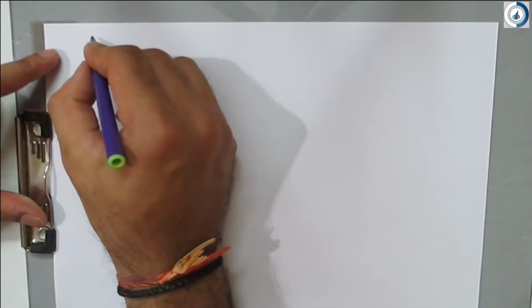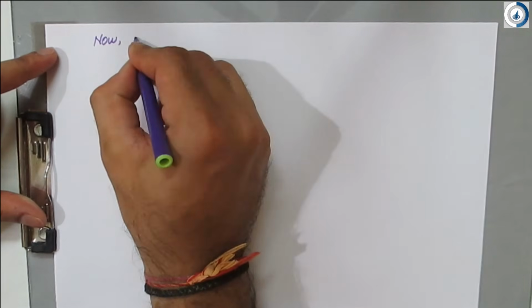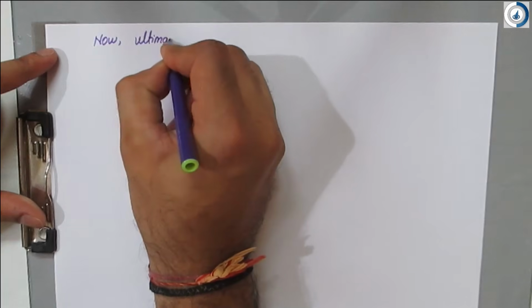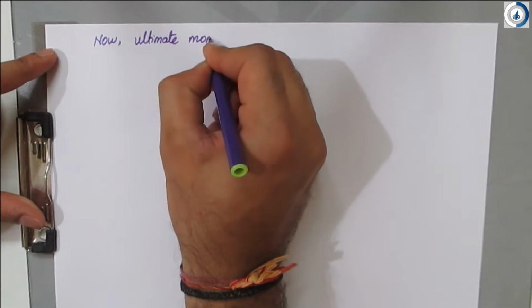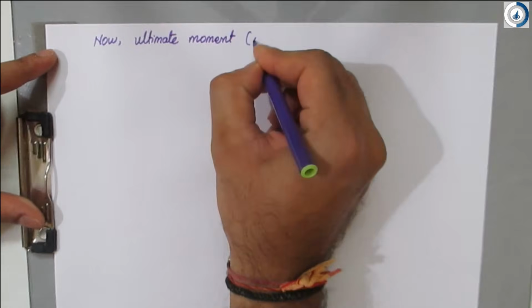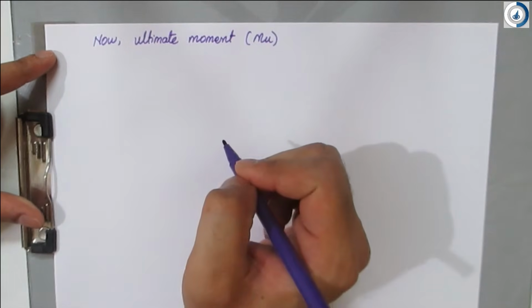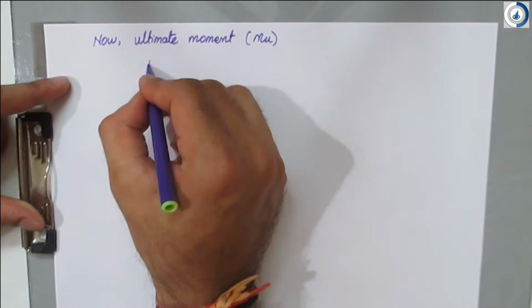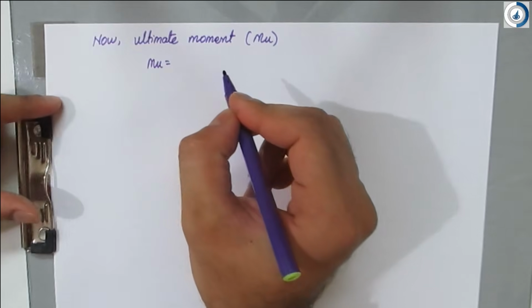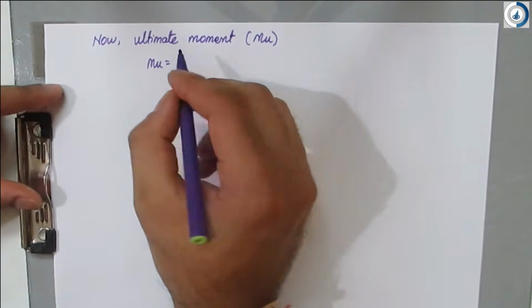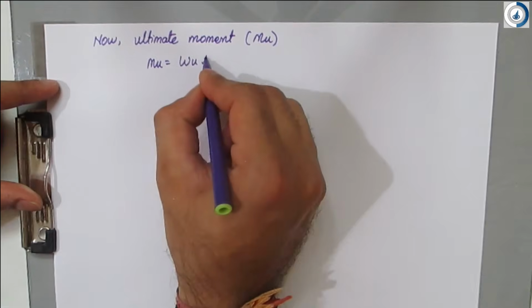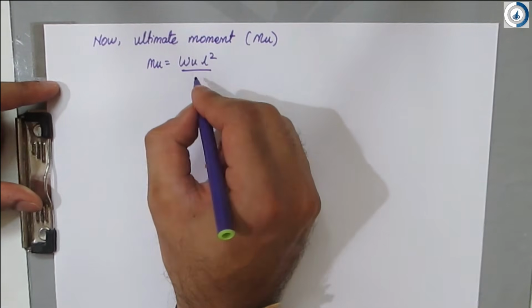Now comes the ultimate moment, Mu. Okay, so now Mu is equal to, as this beam is simply supported and having UDL, WU L square by 8.